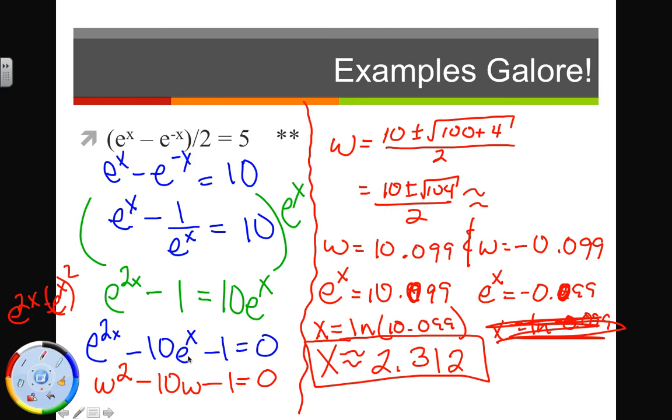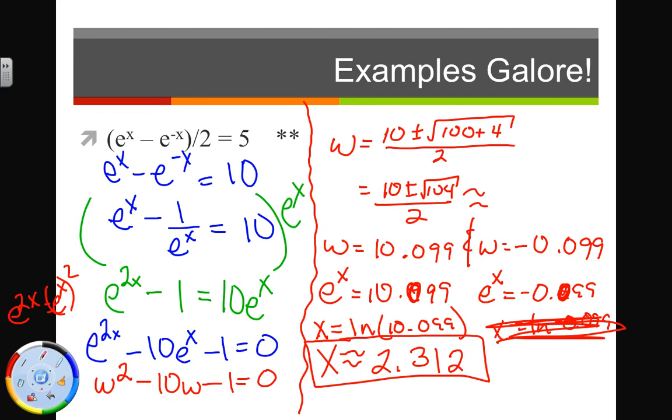So sometimes we get these little quadratic type problems where you have to exchange an exponential for a variable and then solve using quadratic formula and then re-exchange it back to an exponential and then solve the exponential equation. Kind of complex, but still doable. You guys are all smart enough, all bright enough to do it.